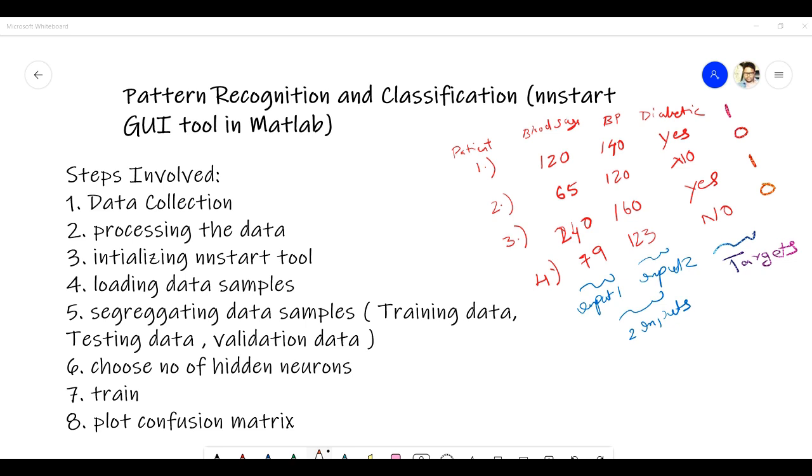We have two inputs, blood sugar and BP, and our target is whether the patient is diabetic or not. If the patient is diabetic, it is treated as 1, and if he is not diabetic, it is treated as 0.